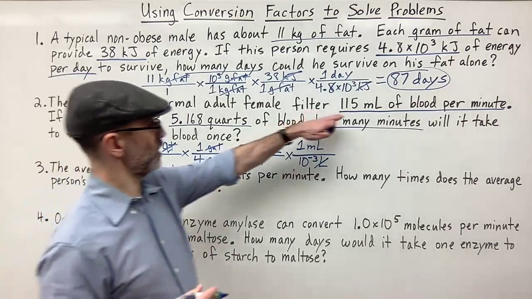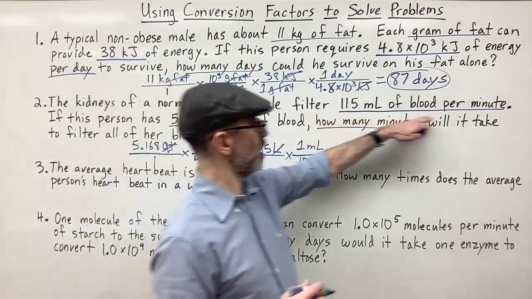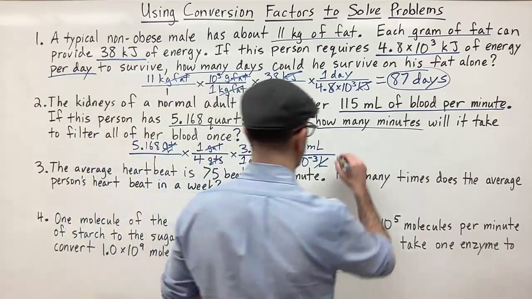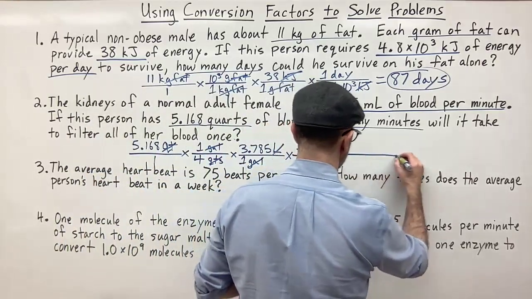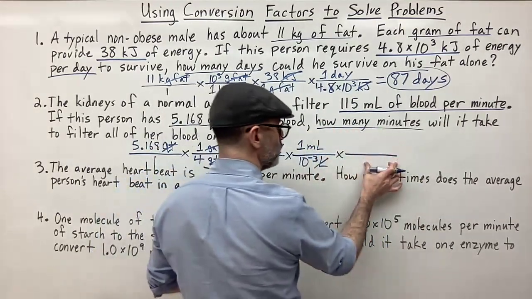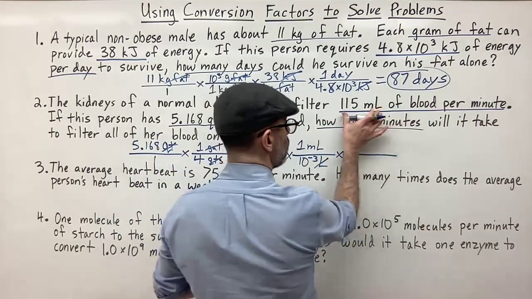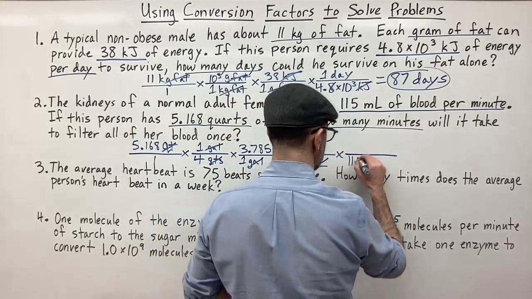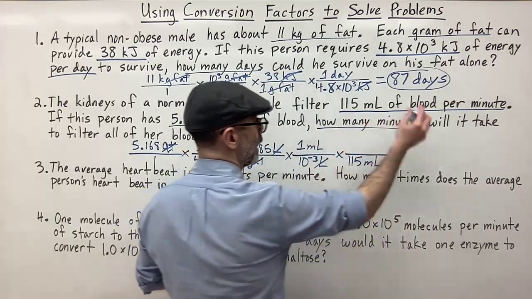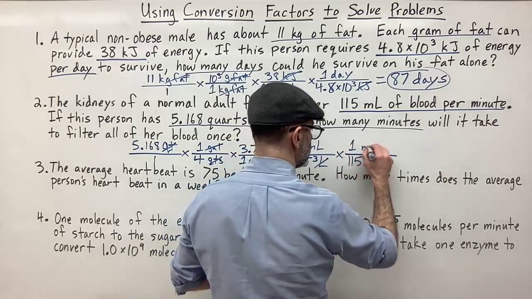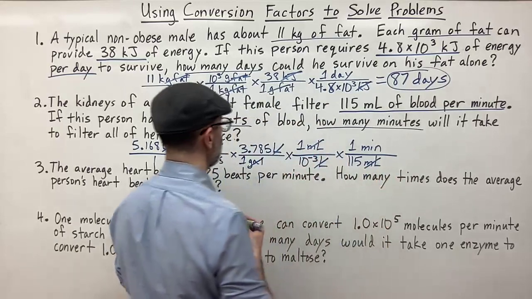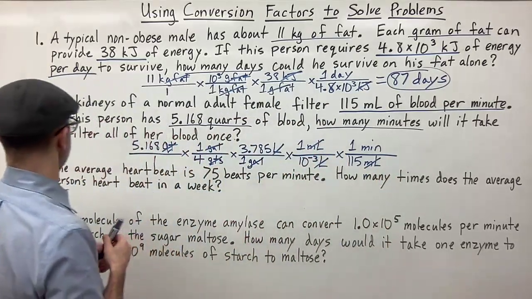Now I can use the 150 milliliters of blood per minute. So now I can convert to minutes. I have milliliters on the top. I want to put that on the bottom. So I'm going to put 115 milliliters on the bottom to cancel out, and 1 minute on top. So milliliters cancel out. But what do they want?